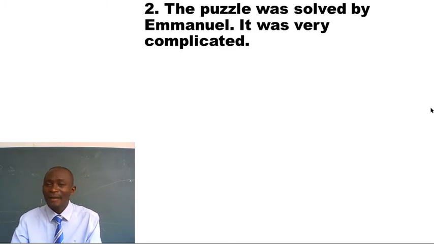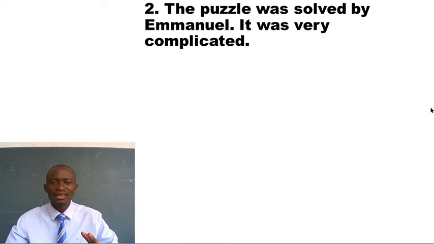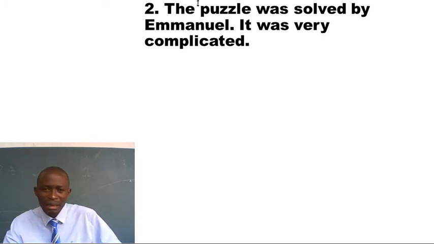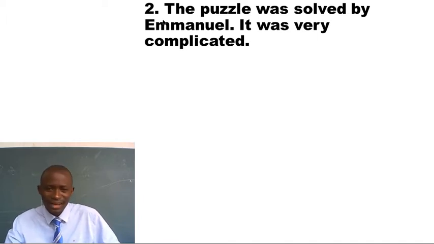It says, the puzzle was solved by Emmanuel. It was very complicated. This example gives us all the qualities of what I was talking about, the subject, the object, and so on. So we have the puzzle. The puzzle becomes our object. Was solved by Emmanuel. Emmanuel becomes our subject, the doer, in fact.